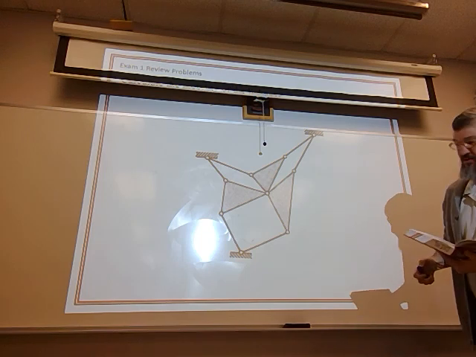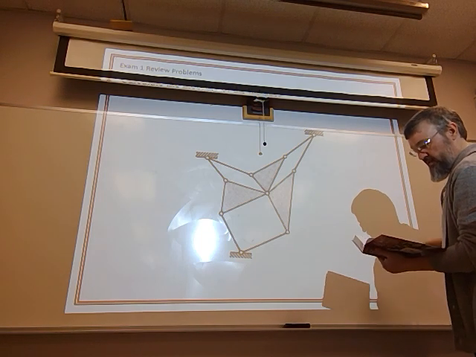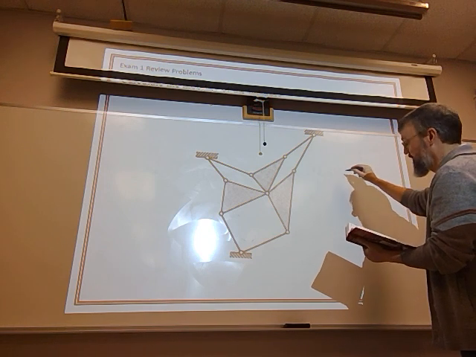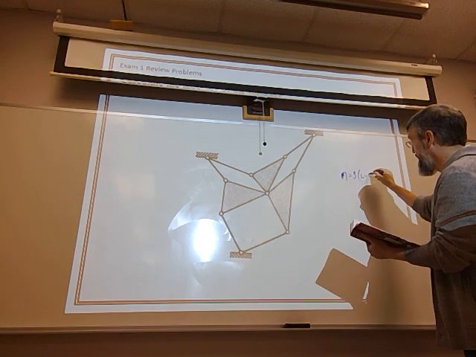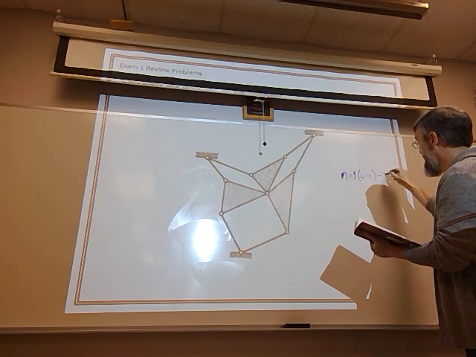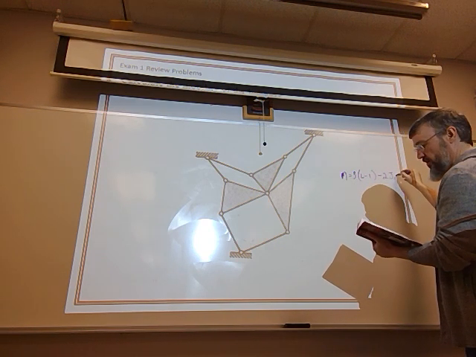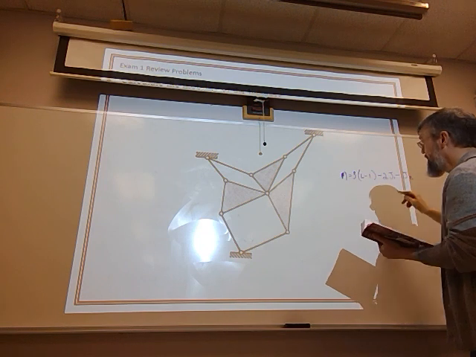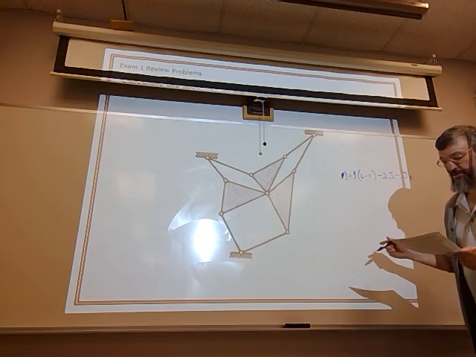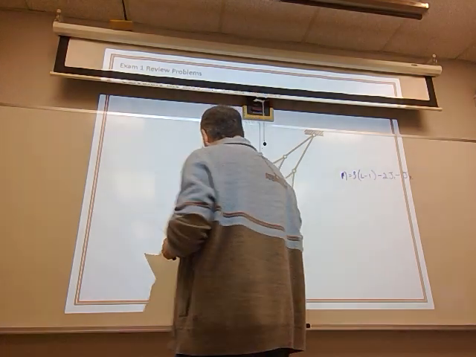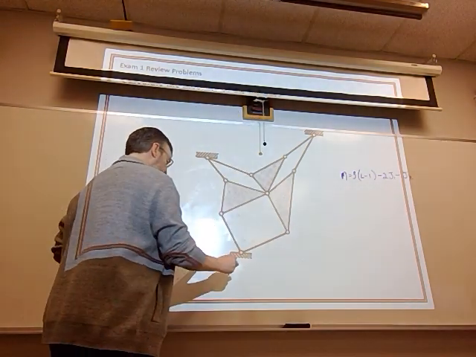So we're always writing out M is equal to 3L minus 1 minus 2 J1 minus J2. The important thing is to identify what kinds of joints these are, and also to be able to pick out all of the links.